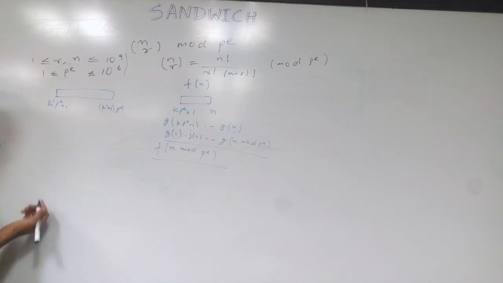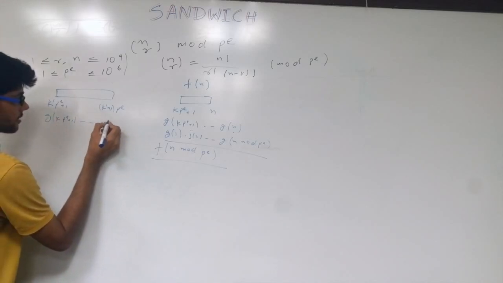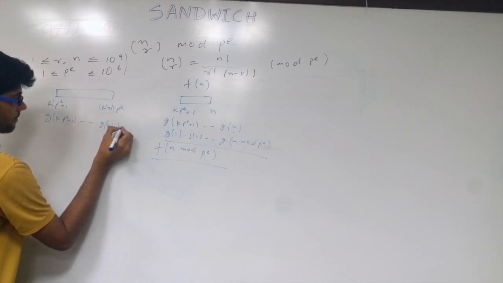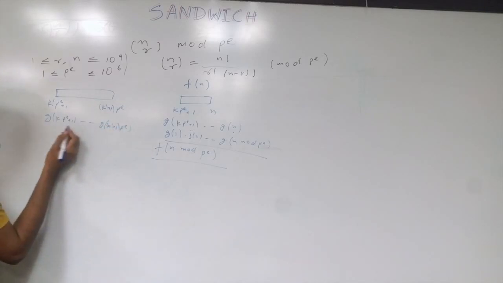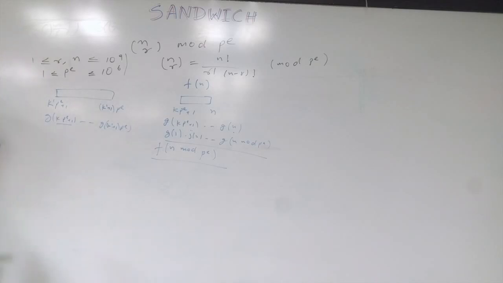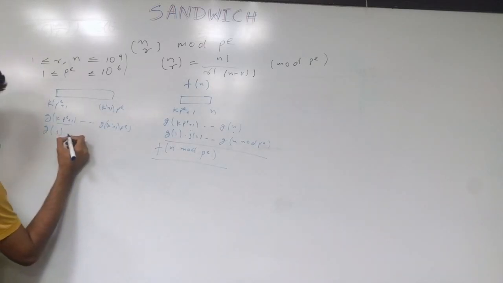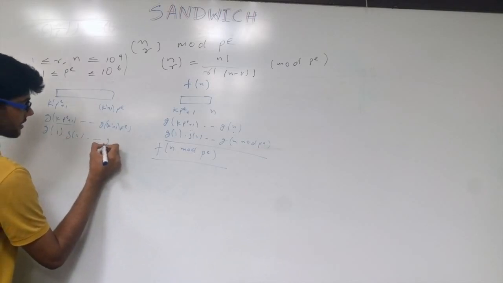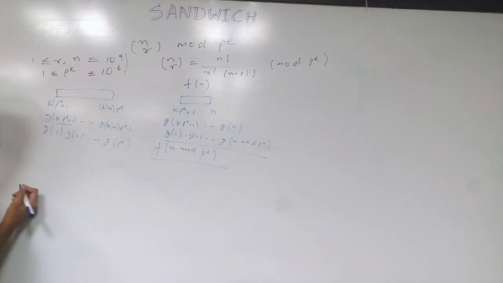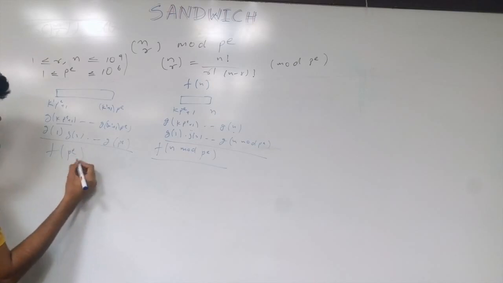Their products would be g(kp^e plus 1) to g((k'+1)p^e). Because g(i) is the same as g(i mod p^e) modulo p^e, this is the same as g(1), the next one is the same as g(2), and so on up to g(p^e). So this is the same as f(p^e).